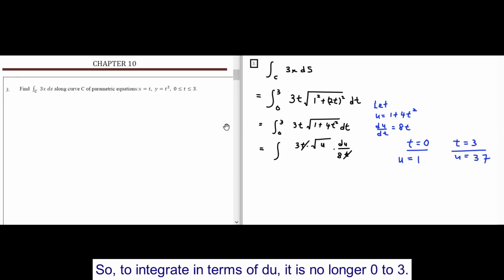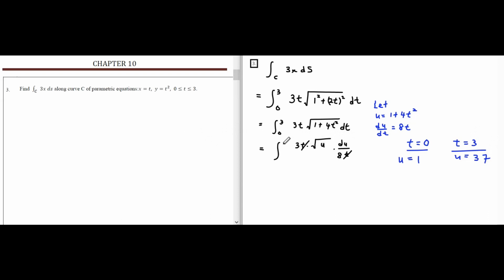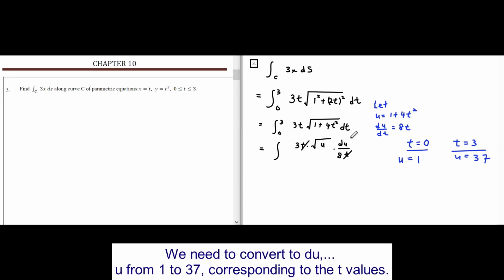So to integrate in terms of du, it is no longer 0 to 3. We need to convert, u from 1 to 37 corresponding to the t values.